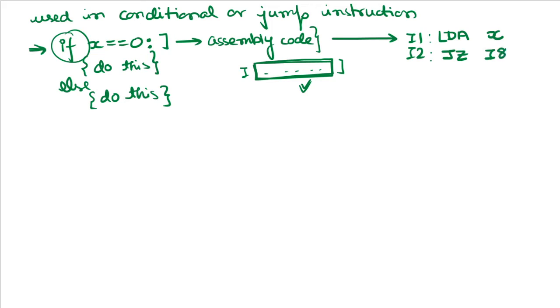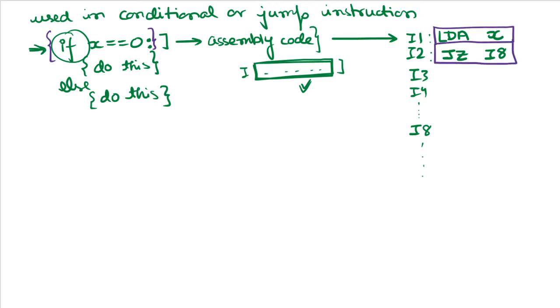Okay, so what does it mean? Let me first make this example totally. So this is I8 and so on. Now whenever this part is converted to assembly language or machine code, the instruction will look something like this.